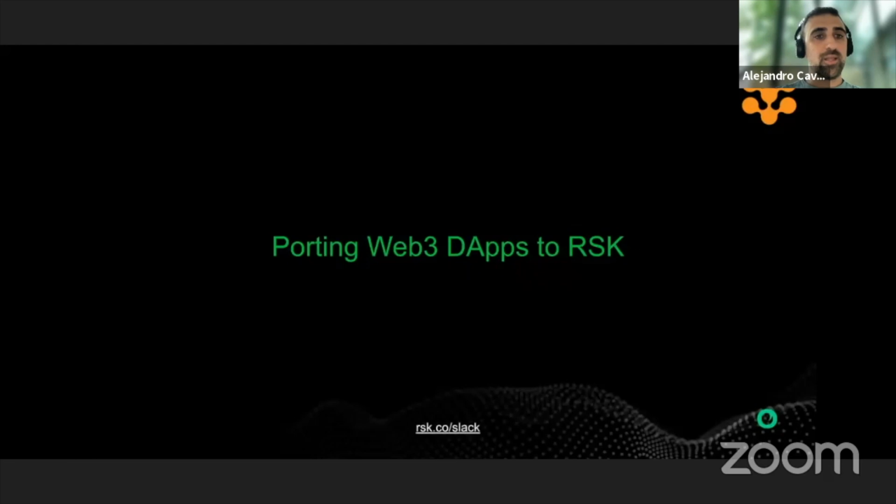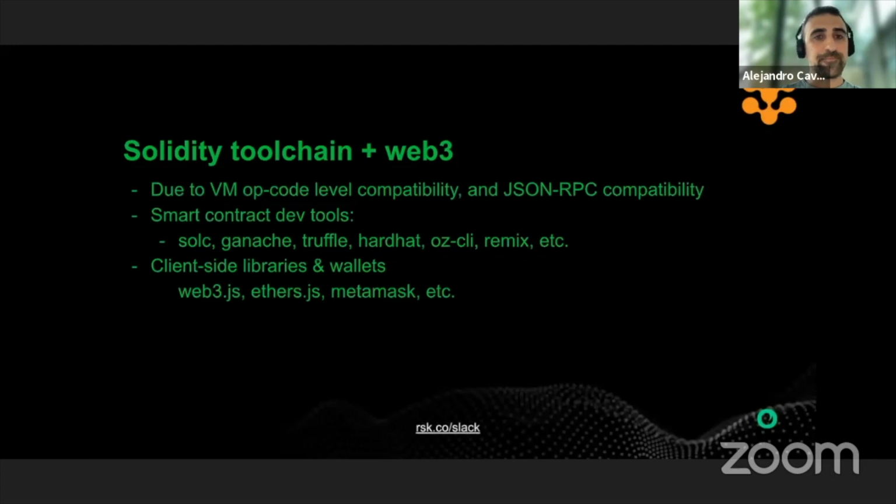Porting Web3 apps to RSK. We said something about this, but let's go into details. Developing on Rootstock is easy. If you have previous experience on Ethereum or another EVM compatible blockchain, you can do it without any problem. This is because Rootstock is EVM compatible at opcode and interface level. So you can develop with the same tools that you are used to. For example, Solidity, the Solc compiler, Ganache, Truffle, Hardhat, the OpenZeppelin contracts, Remix, and obviously the libraries, Web3.js, Ethers.js, wallets like MetaMask.